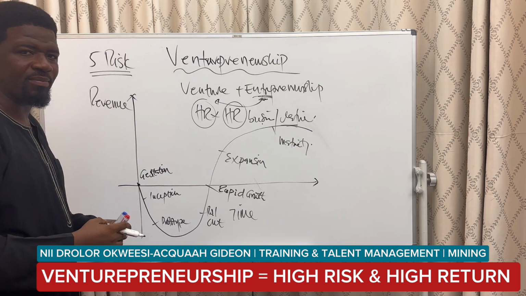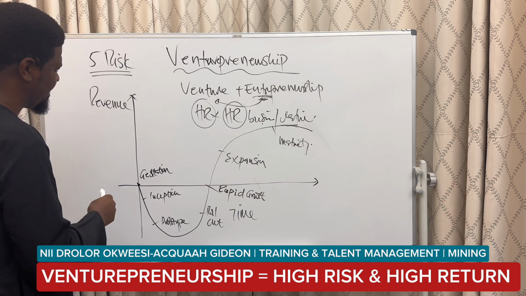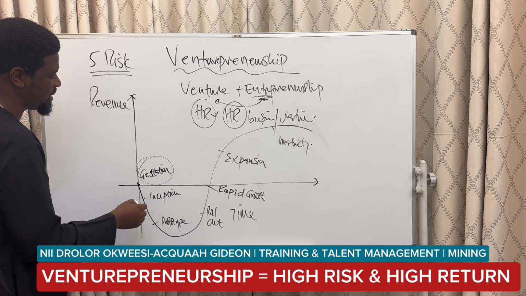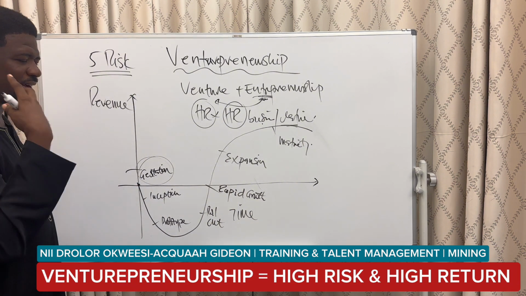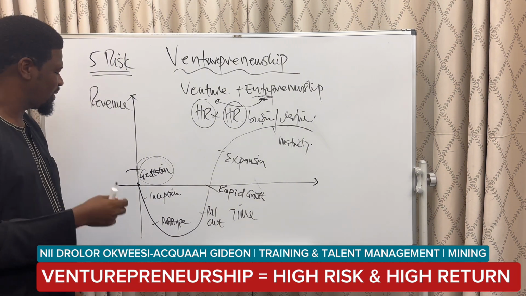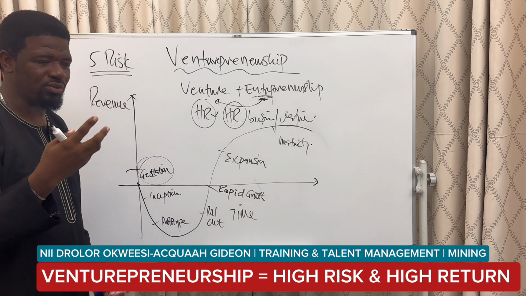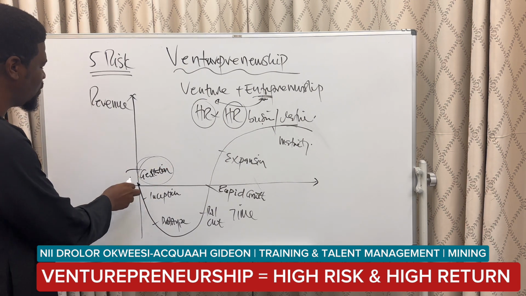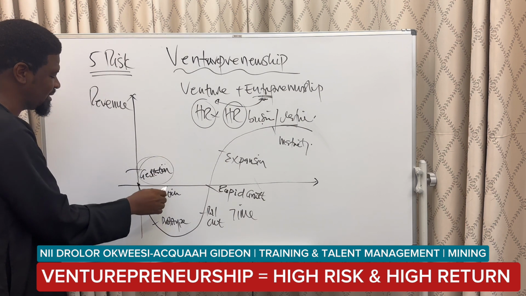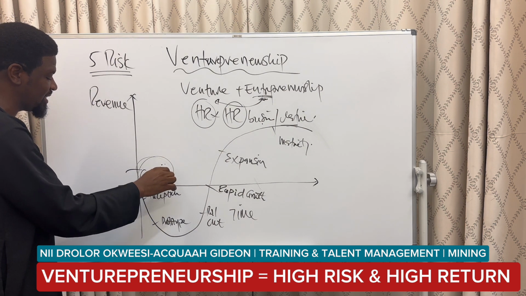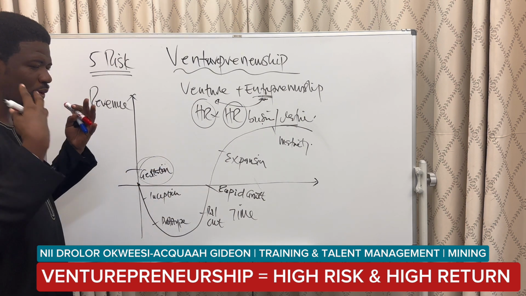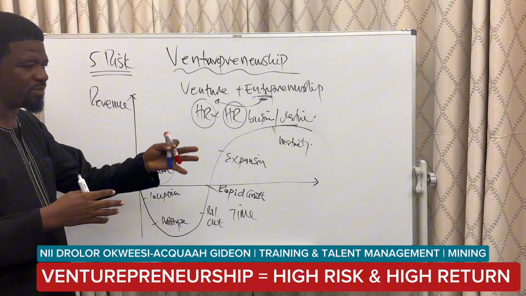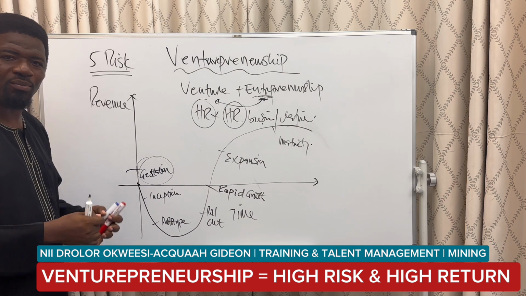If you start any business, the business would actually start with the gestation phase. This is the point where you are actually developing the concept and the ideas. You are gathering ideas around the business you want to start. So between the gestation and inception phase, you are developing the concept and gathering ideas from people and all that, reading from books and all.